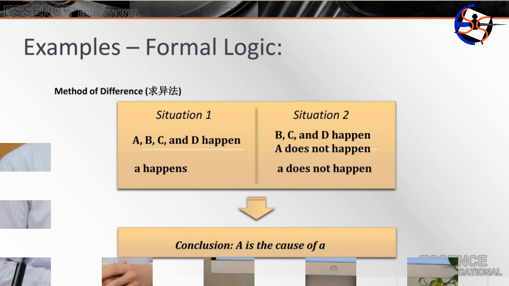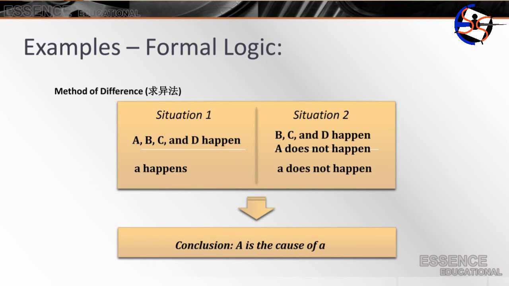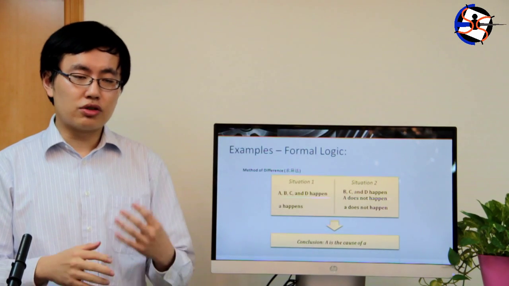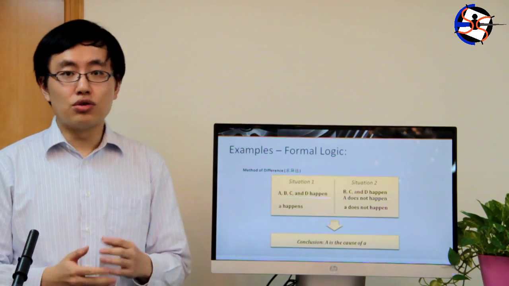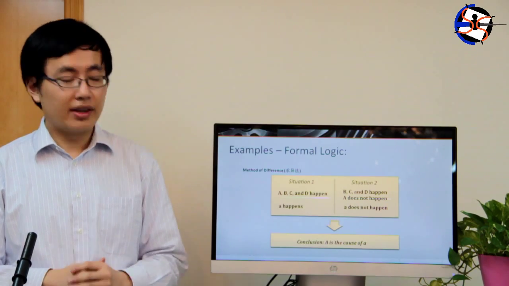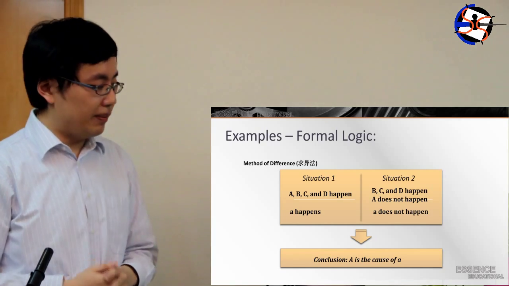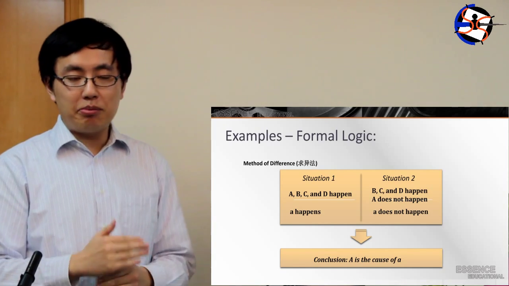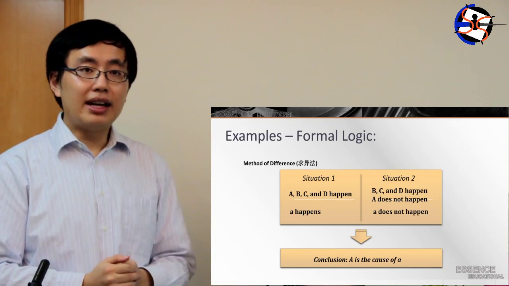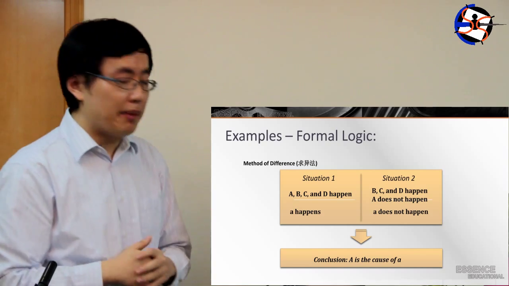Here is something in formal logic called method of difference. Method of difference is a way in formal logic to try to discover causal relationships between events. It requires 2 situations. In situation 1, events A, B, C, and D happen, and then afterwards small a happens.